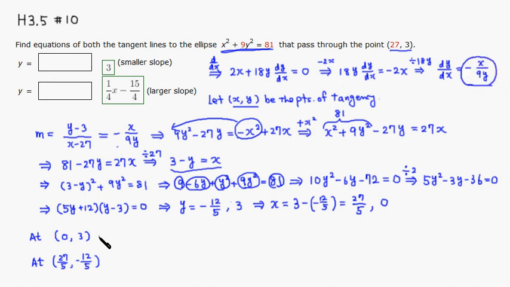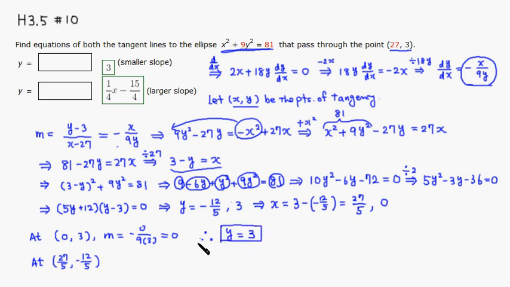So the slope m is going to be equal to, x is actually 0, so negative 0 over, we don't really care what happens, 9 times 3, right? The slope is 0 anyway, which means it's going to be a horizontal line that goes through 0, 3. So we know that the horizontal line is y equals some number, but it has to go through 0, 3. So that's the first tangent line, right?